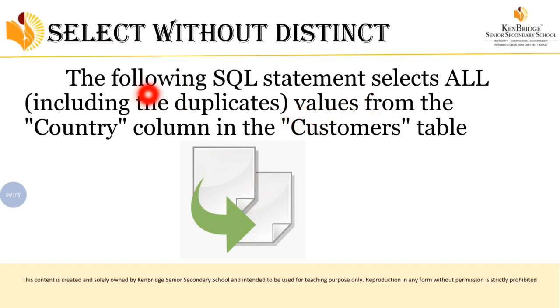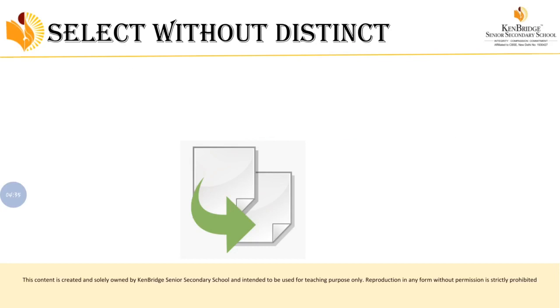So here is a statement which is selecting all values, including the duplicates. Duplicates in the sense the same value, whatever is given already, the same value will be there. So including the duplicate values, it is returning the country column in the customers table. The customers table we have seen previously as an example table.